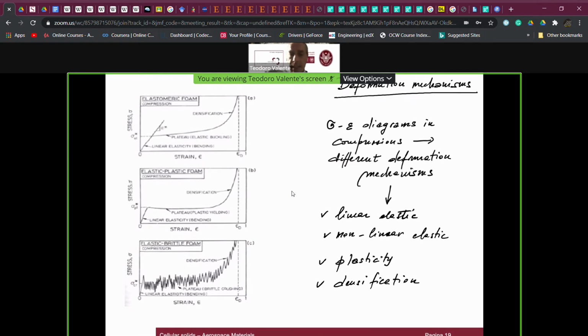As we will see from now on, this ratio is very important because it can be put in relationship with some of the expected mechanical properties.